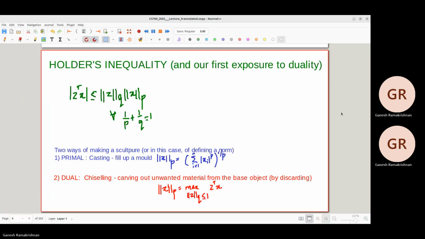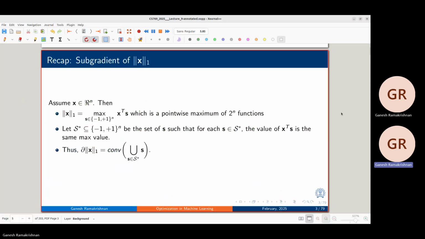What did I leave you as homework? I said, can you now derive the subdifferential of the one norm of x using the dual definition? Of course, I gave you a little more ammunition to get there. Sorry, this is the subgradient expression we had derived.